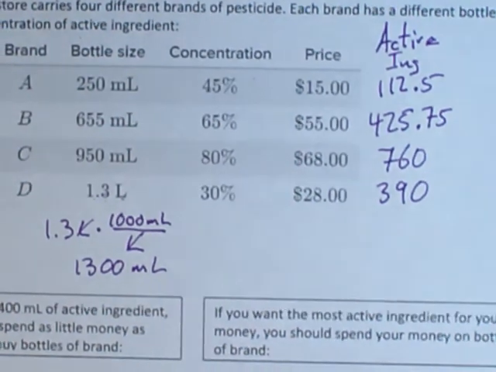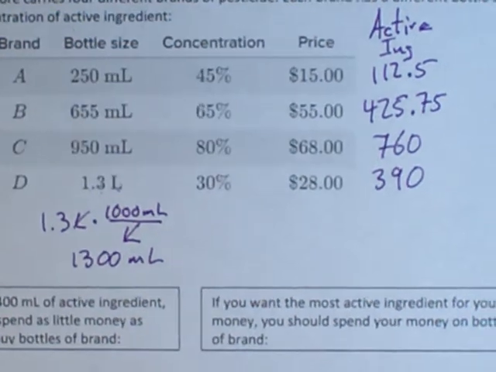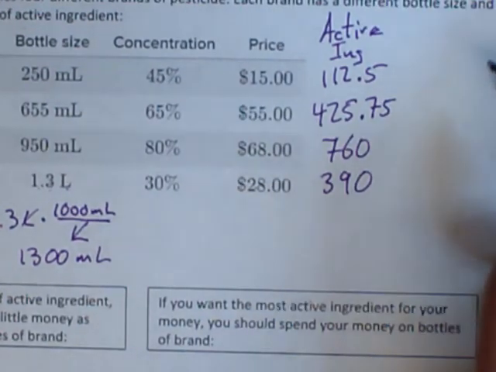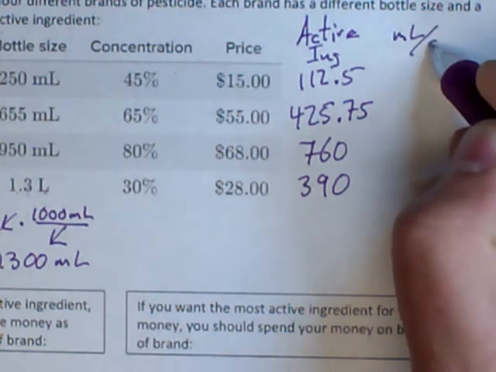We also want to know how much active ingredient we are getting for our money, so we would want something like milliliters per dollar.